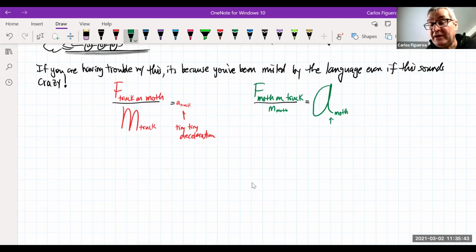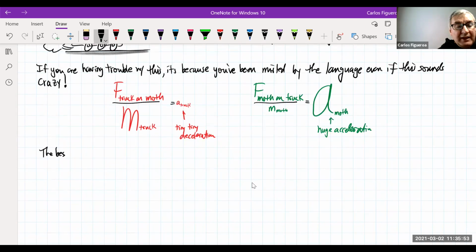So this is a huge acceleration. The best indicator is really about momentum and energy.